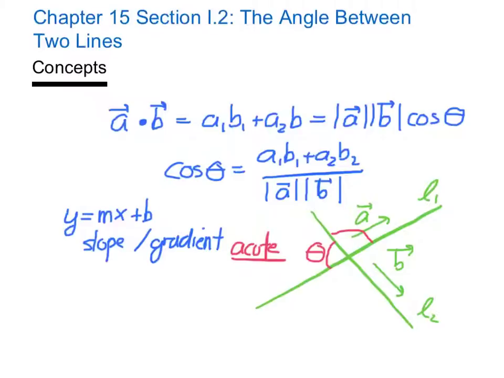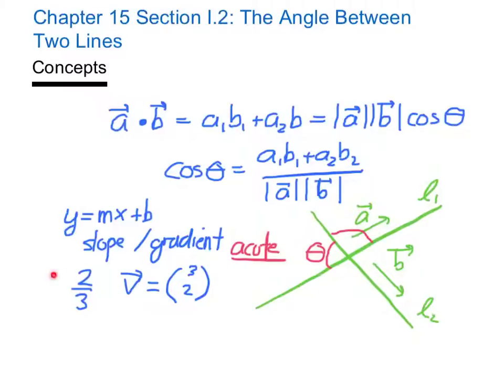Now if we know the slope, we can find the direction vector, and it's probably easiest to give you an actual example here. If the slope of a line is 2/3, then the direction vector for that line is equal to 3/2. And that's because the gradient, or the slope, remember, has the rise or the y movement first, and then the run or the x change second on the bottom.